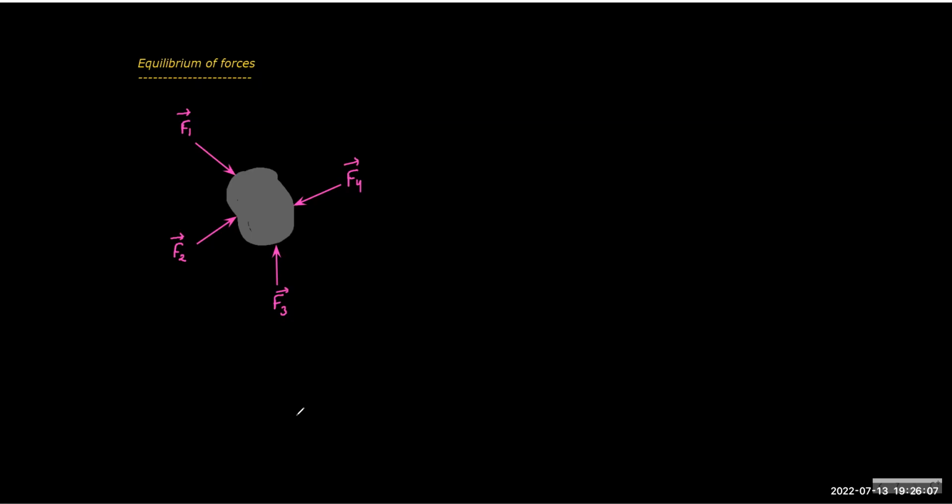So how do we understand equilibrium in physics? We say it is a condition in which a body doesn't accelerate. So what is equilibrium in physics?